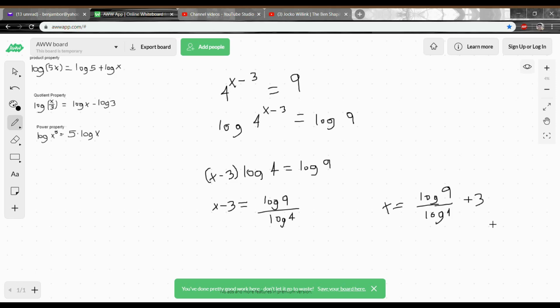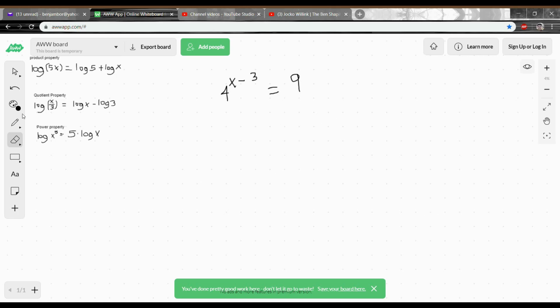Now, let's say we had this same equation, but we were given something like 5 times 4 raised to the x minus 3 power.